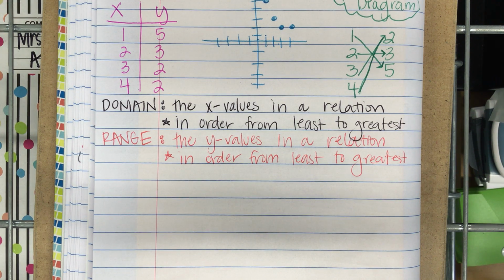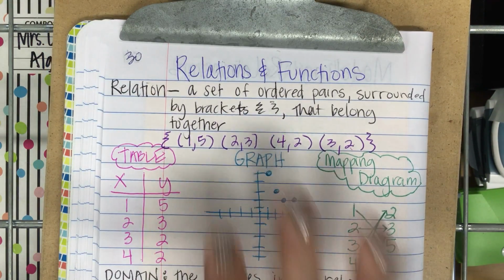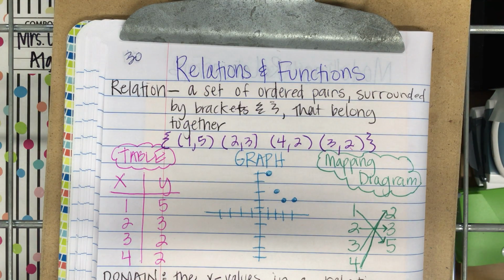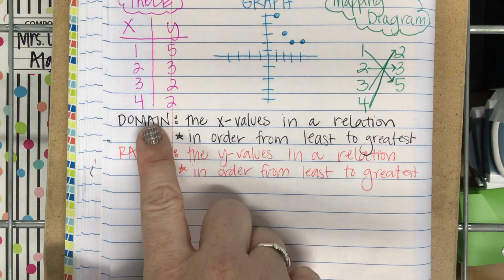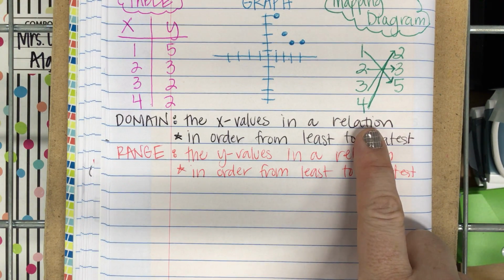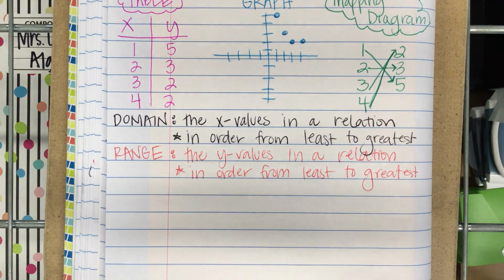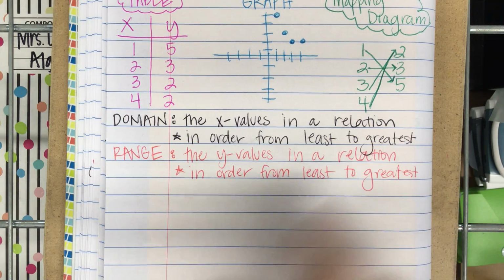Vocabulary term number 1, relation. A relation is just a set of ordered pairs. Vocabulary term number 2, domain. The x values. Vocabulary word number 3, range, the y values.